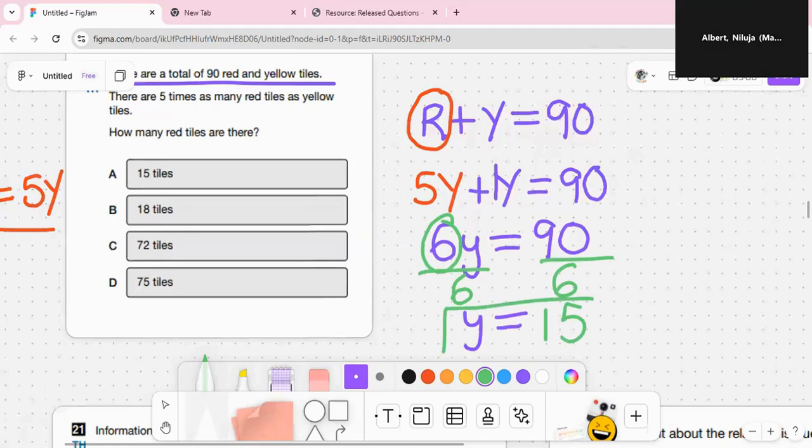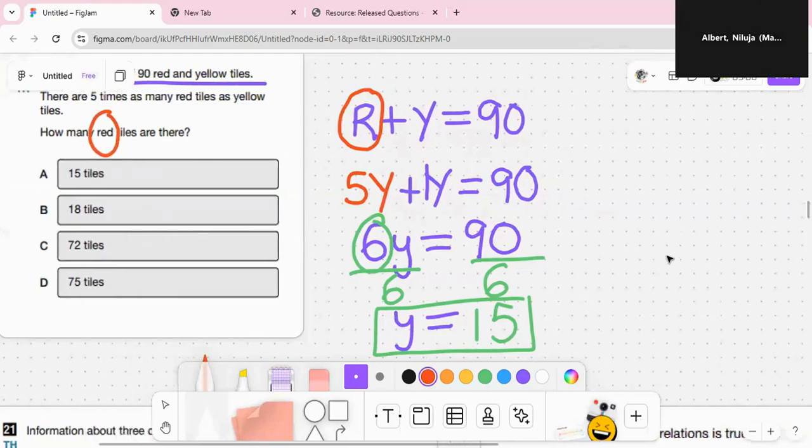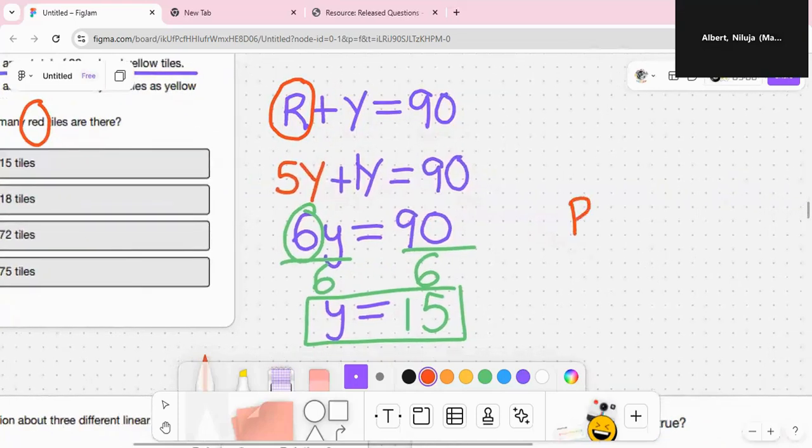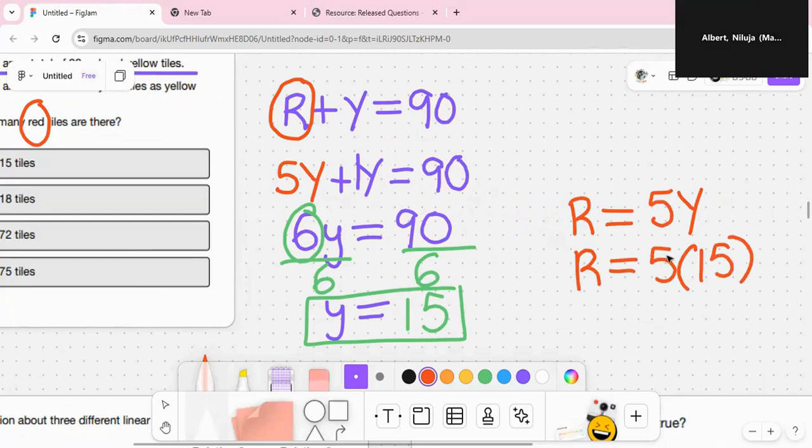So I know for sure there are 15 yellow tiles, but if I went to circle 15, that would tell my teacher that I haven't read the question correctly because they're not asking about how many yellow tiles, they're asking how many red tiles there are. And I know that R is equal to 5 times Y. That means that R is equal to 5 times 15.